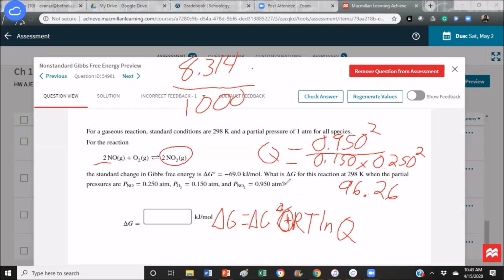Oh, okay. Yeah, that's what I'm writing out in my work. That whole thing goes to 11.31, and this is added on to my delta G standard. The delta G standard is negative 69.